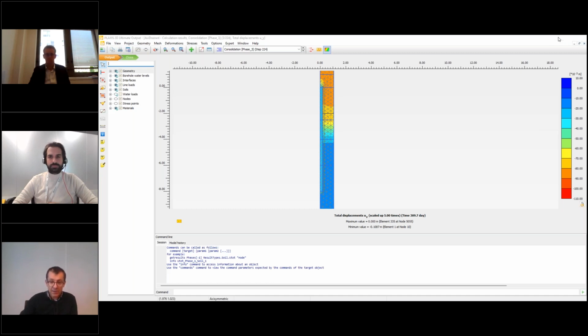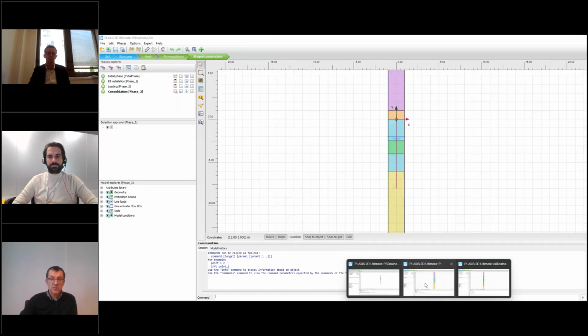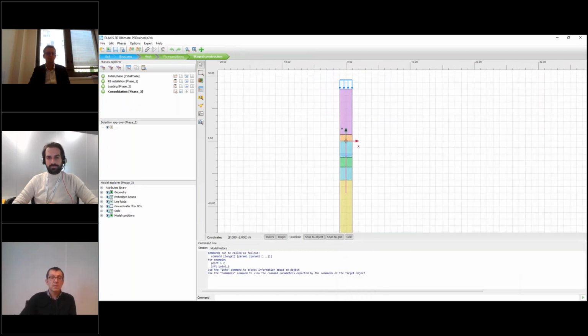So this can be done, and the model then will look something like this. So this is the exact same model, but this time elaborated in a plane strain configuration. So this is a plane strain model, and this is the embedded beam.